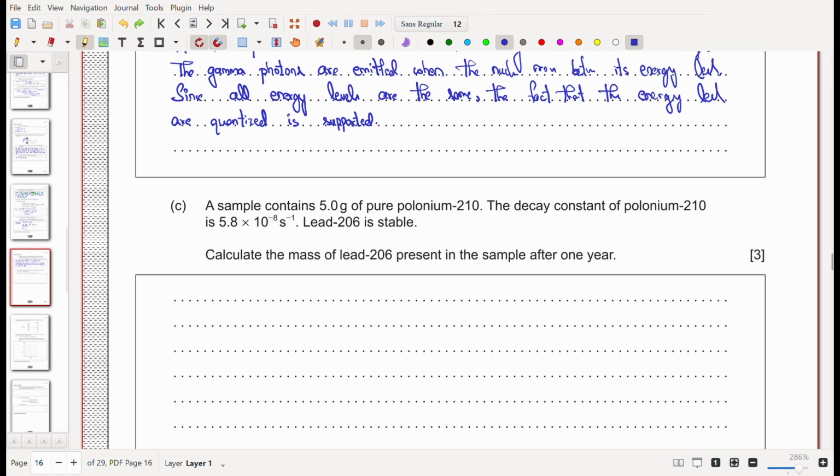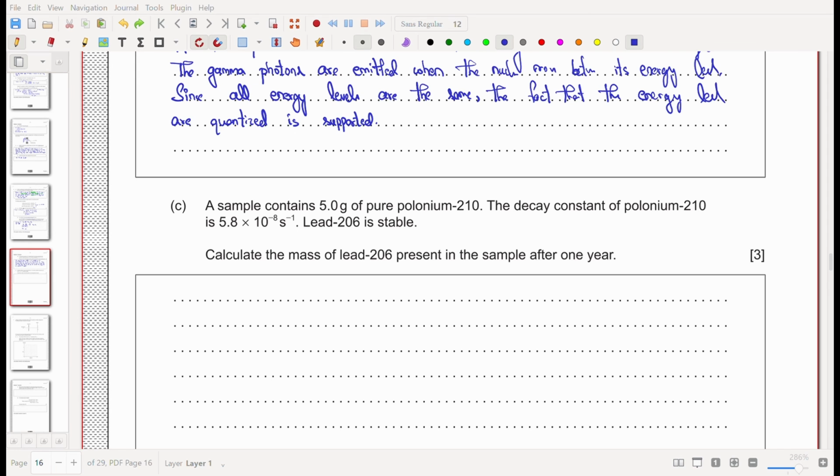So let's go on to part C of the question. A sample contains 5 grams of pure polonium-210, and the decay constant of polonium-210 is 5.8 × 10^-8 per second, and we say that lead-206 is stable. We're given the time, 1 year, and we are asked to calculate the mass of lead-206 present.